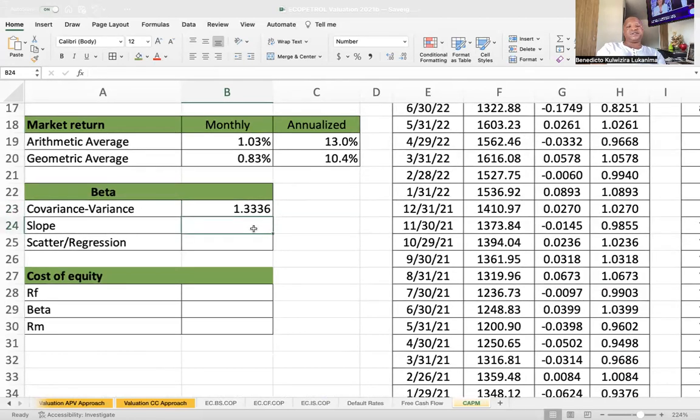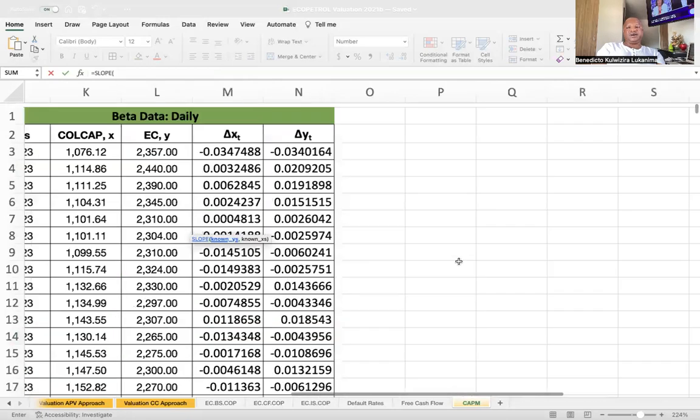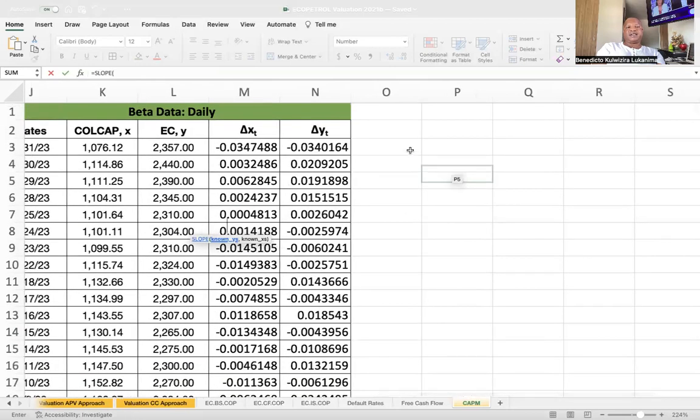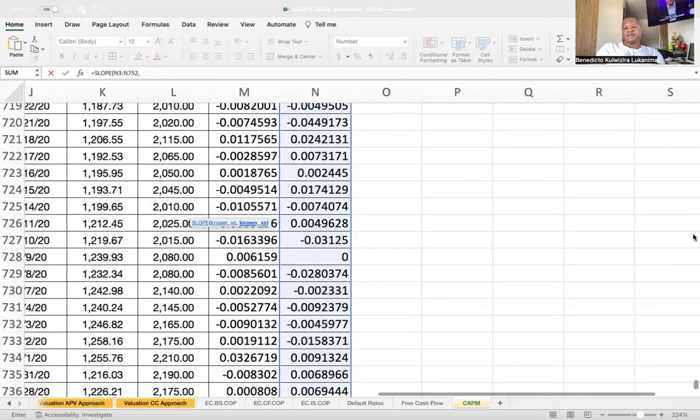Second, you can use slope. Say equal SLOPE. And this is the slope of the stock divided by the market. So first select the stock, separate, and then select the market.